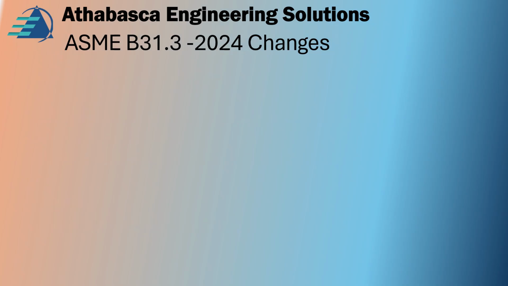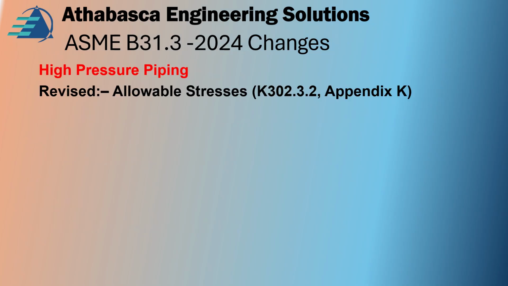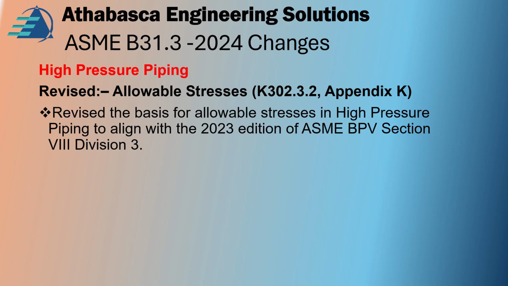So under high pressure piping found in the Annex K, allowable stresses have been revised, and I'm referring to Appendix K and 302.3.2. So basically what they did is they've aligned the high pressure piping to the 2023 edition of the ASME Boiler and Pressure Vessel Code, Section 8 Division 3, which is the highest pressure rating design.